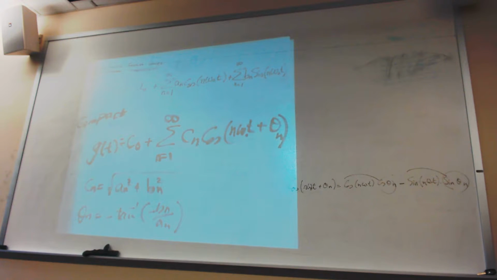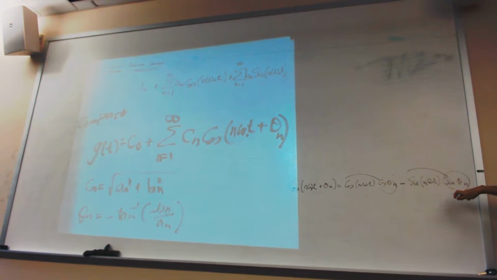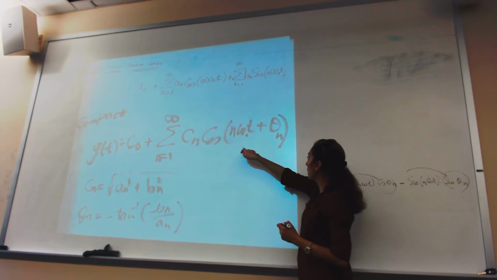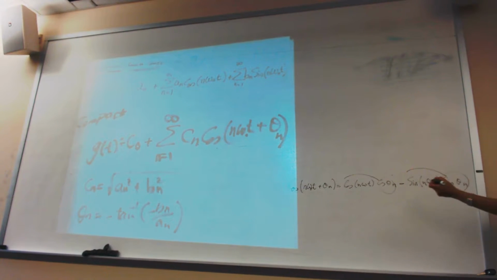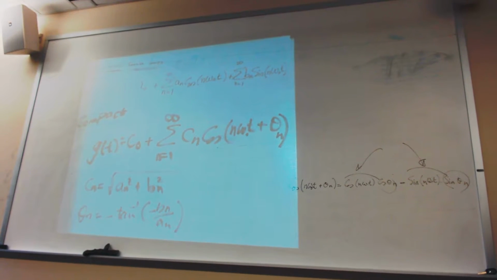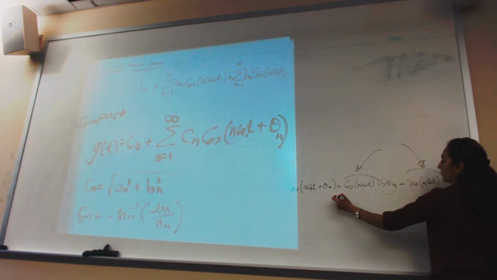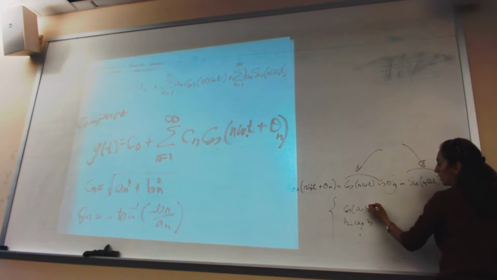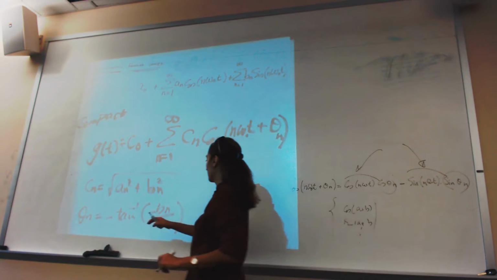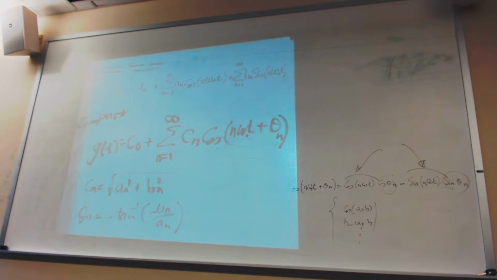You have to be able to go back and forth between them. Make sense, everybody? So this is the compact form, and this is how you can convert it back to two separate terms, cosine separately, sine separately, and then some constants. Definitely put all these formulas, like cosine of A plus B, sine of A plus B, all those trigonometric formulas, in your sheet that you're going to bring to class.